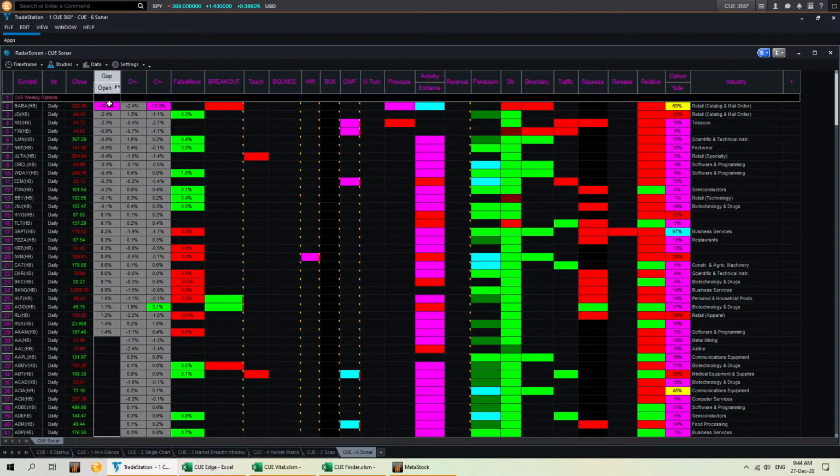The gap open column helps you take gap trades. If there is a significant gap up or gap down move, then those significant moves will be shown by color coding. Gap down moves will be shown in red or magenta color. On last trading day, only Alibaba had a significant gap down move.